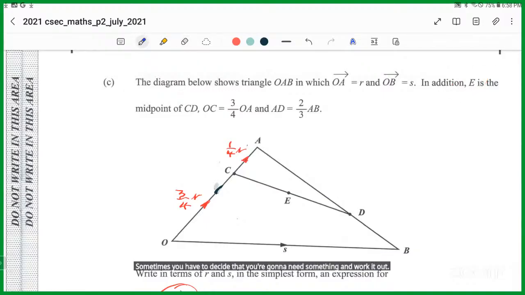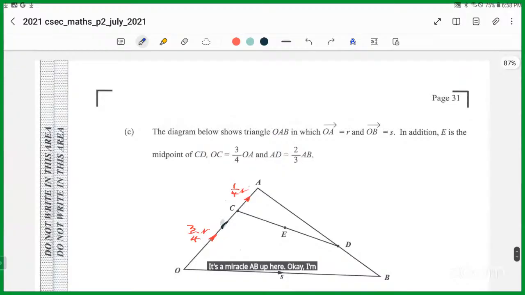So we work out AB up here. And we can work out AB from this because we know the position vectors, so we can put it up here. AB is simply OB minus OA. So it is this one minus this one, S minus R. And so this AD is 2/3 of that.